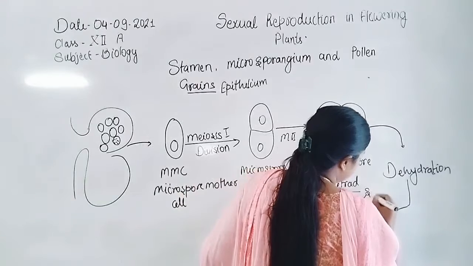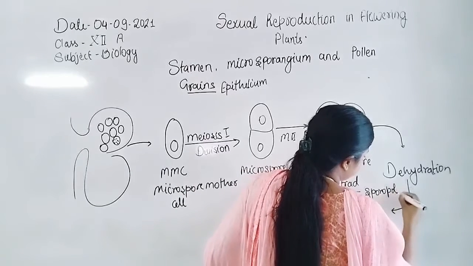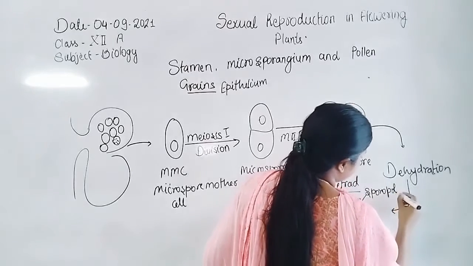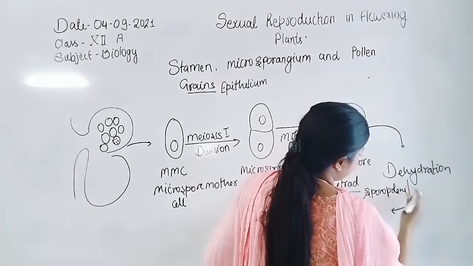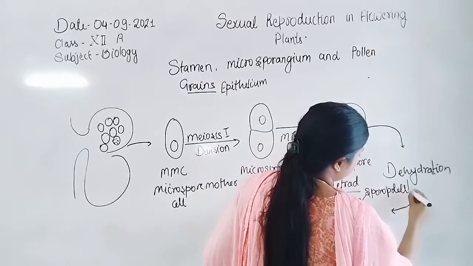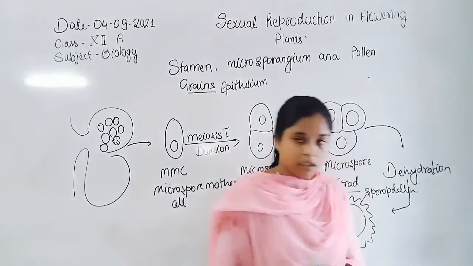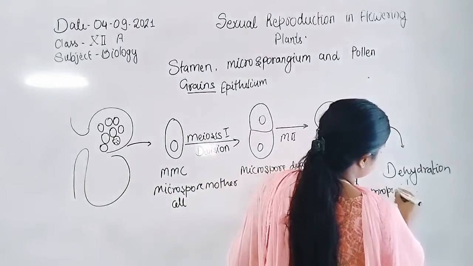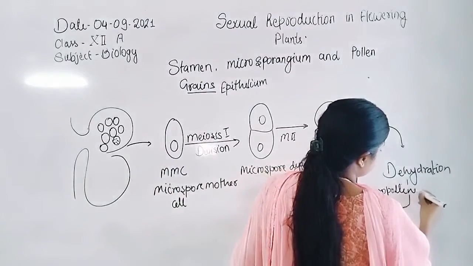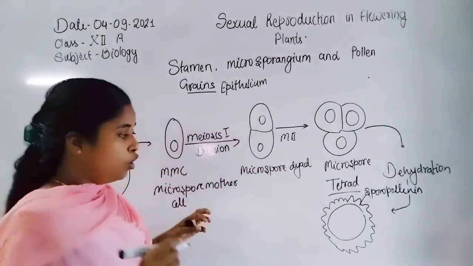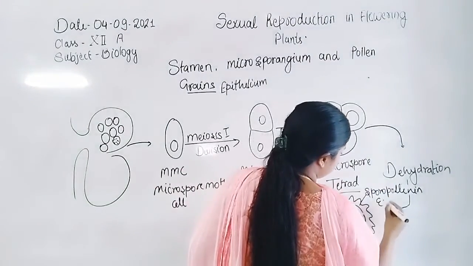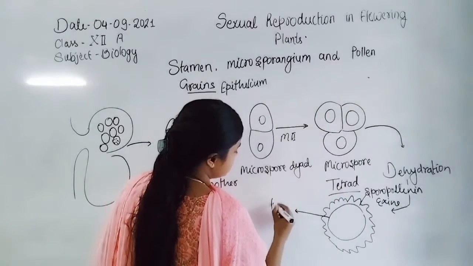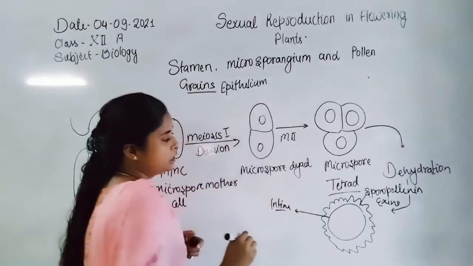Sporopollenin forms the outer membrane, or exine. The inner membrane is thin and made of a simple membrane, which is known as intine.